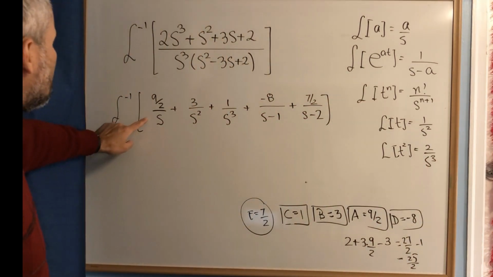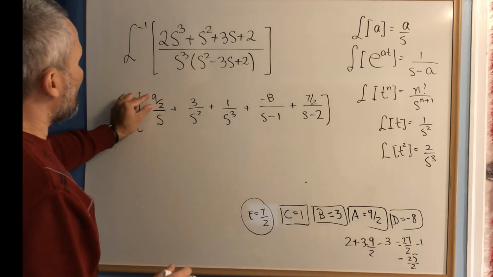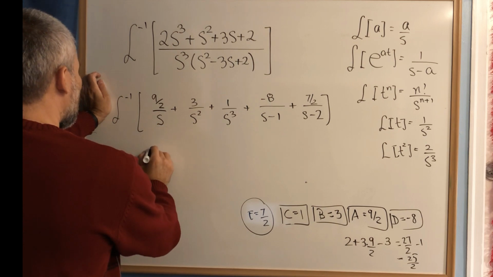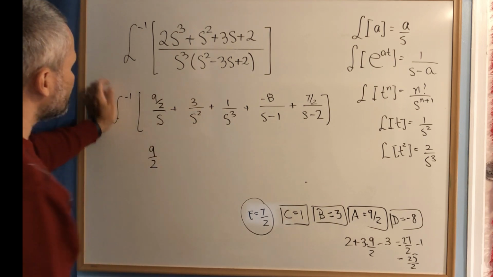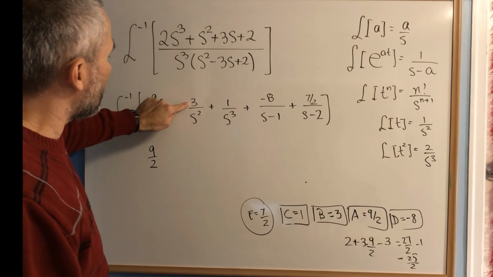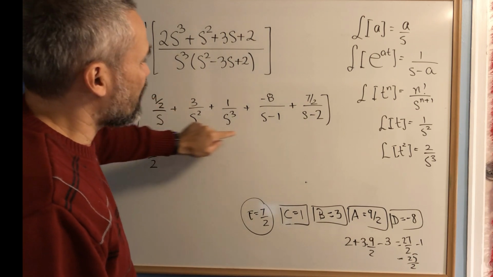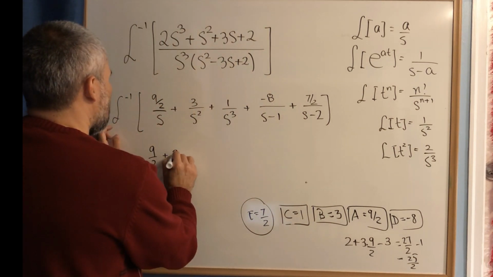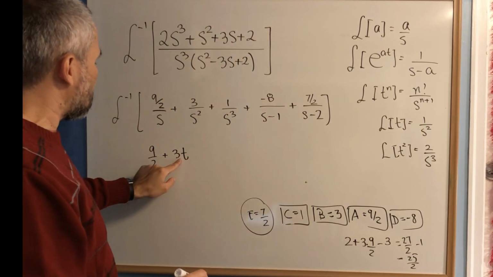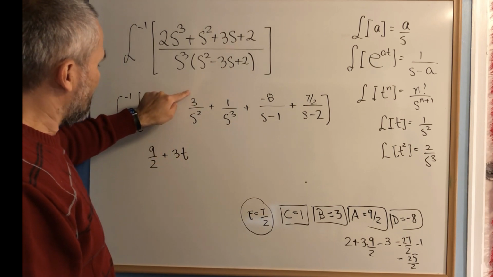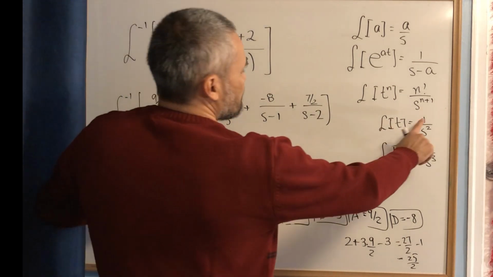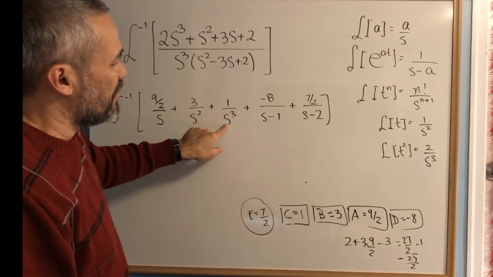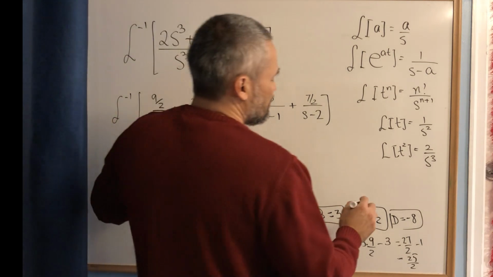The Laplace transform inverse of a number over s will be just 9/2. The Laplace transform inverse of 3 over s squared is just 3t, because the Laplace transform of 3t would be 3 over s squared. 1 over s cubed.